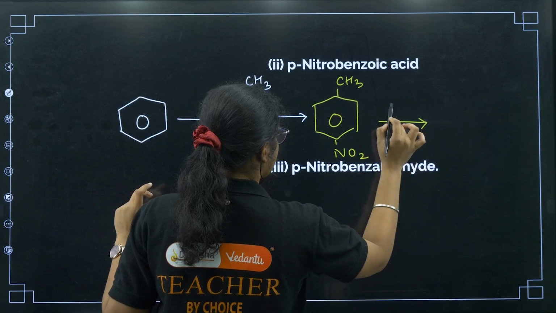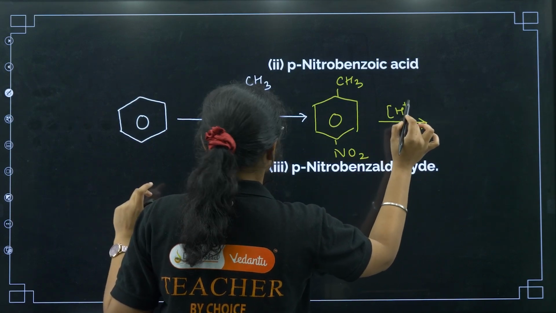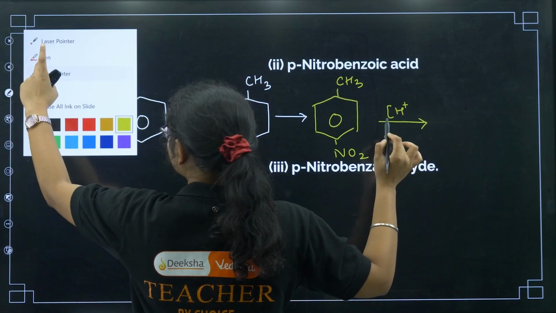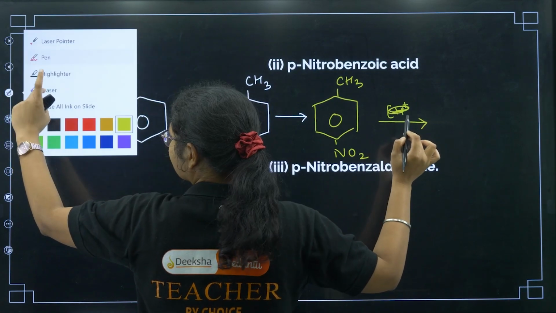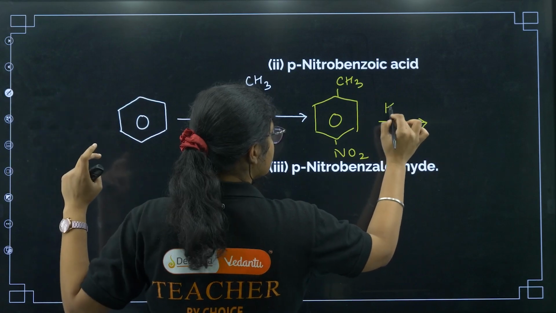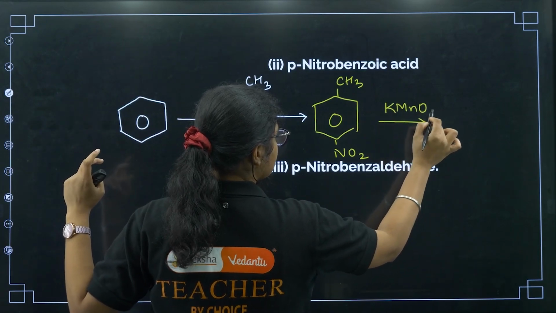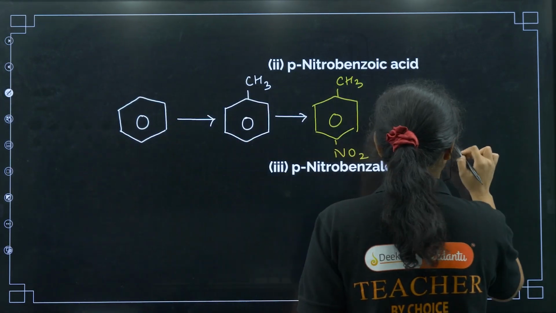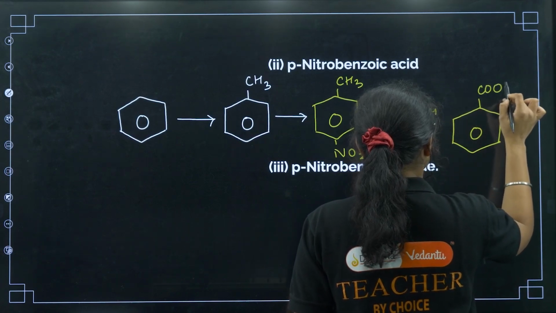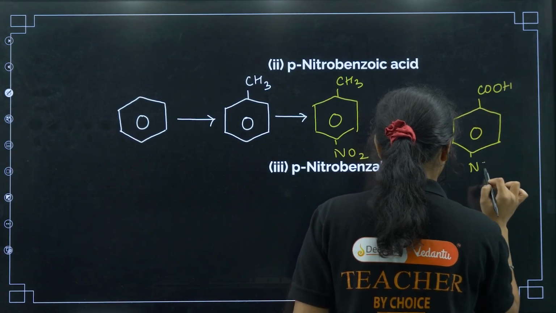Next, if I add here KMnO4, sorry, that is your oxidizing agent. Now if I use KMnO4 here, then what I'll get? I will get here COOH and this one I'll get as NO2 group.